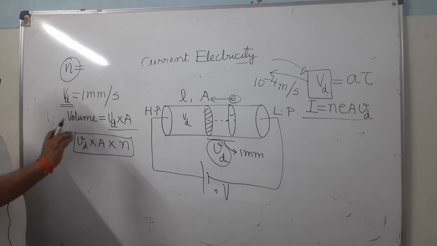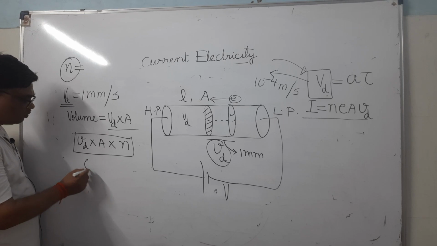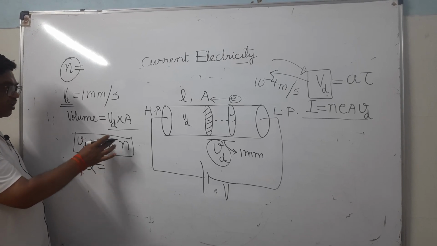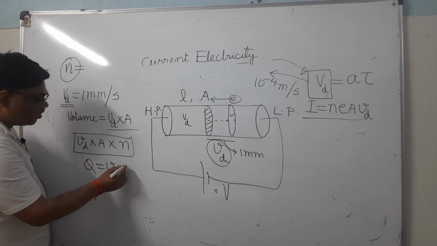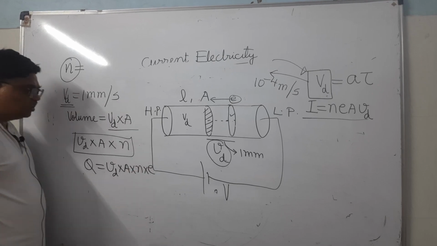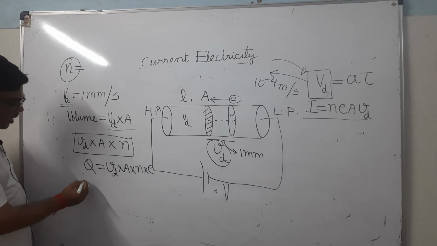This much number of electrons will cross any cross section in 1 second. So how much charge will flow in 1 second? It will be equal to the number of electrons multiplied by the charge on 1 electron. So what is current?